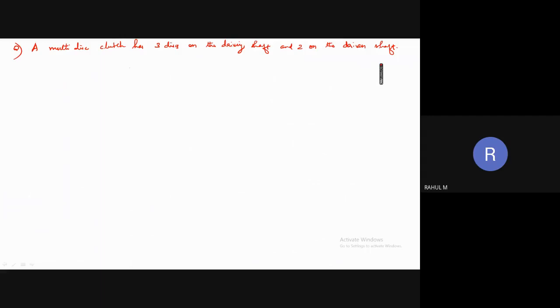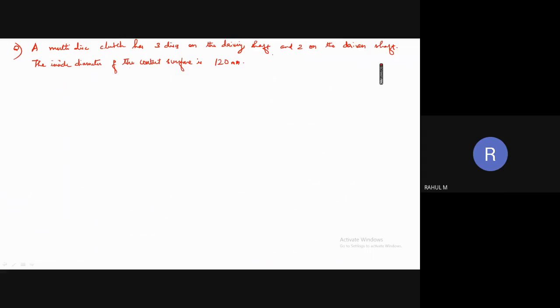The inside diameter of the contact surface is 120 mm.